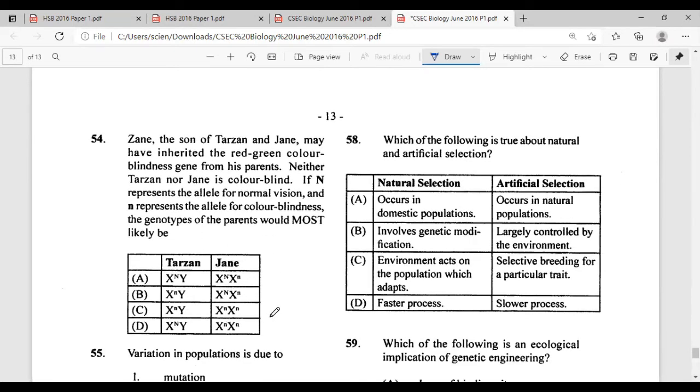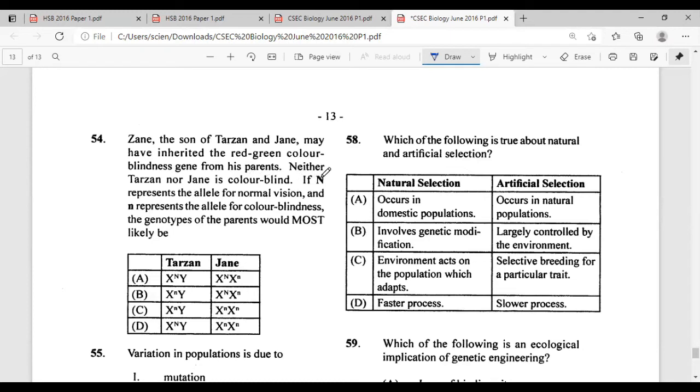You don't necessarily have to do a cross to get this one. You can actually reason it out. So let's read it again to see which information they're giving us. They're telling us Zane, the child of Tarzan and Jane, has inherited the colorblindness gene. It also told us that neither Jane nor Tarzan is colorblind. So that means that both his parents are carriers of the colorblindness disease.